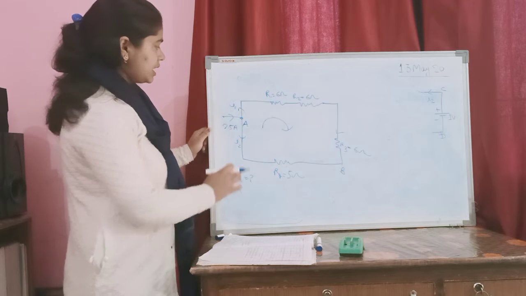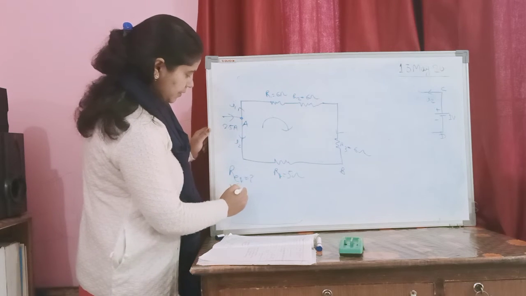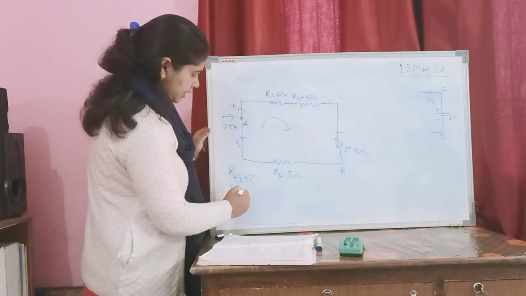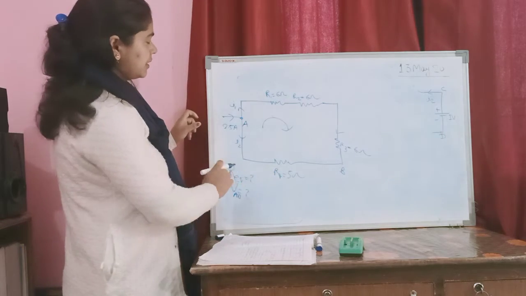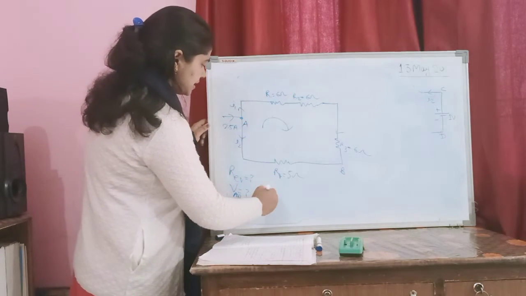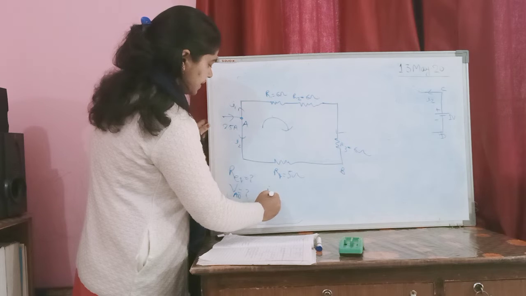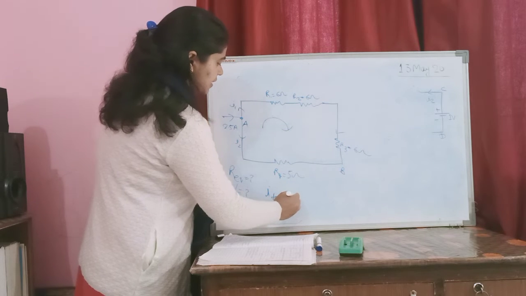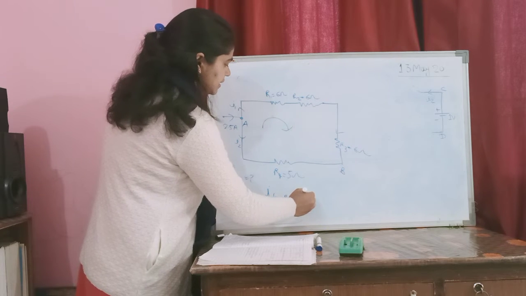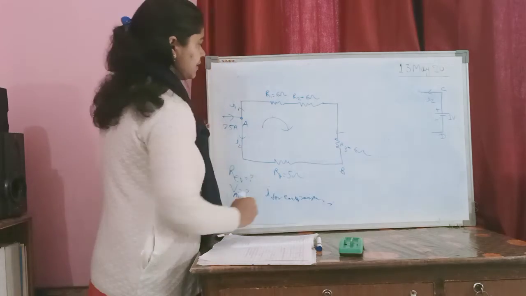The voltage difference between A and B, VAB equal to what? And the current along each resistance.